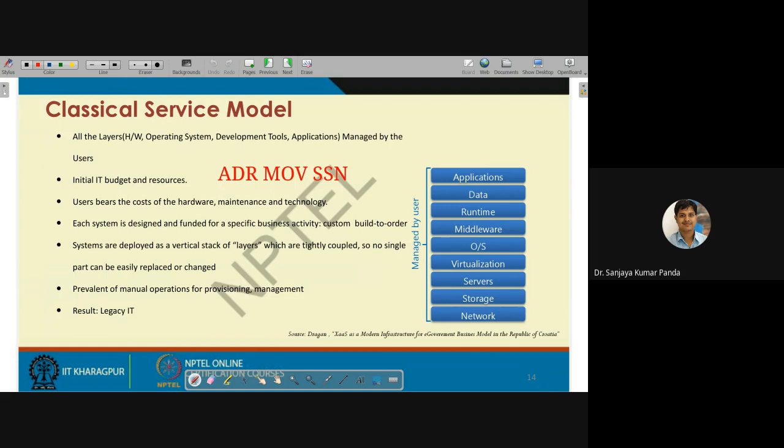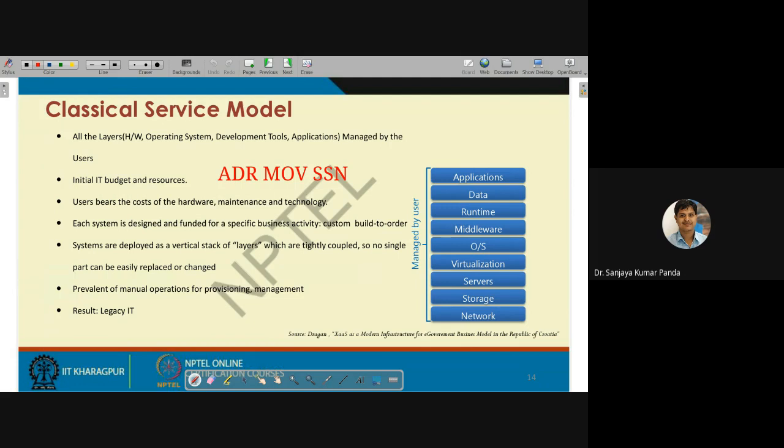So for a classical service model, you have to pay more. Like you have purchased a particular server, workstation, or computer system, you have to initially invest a large amount. So IT budget and resource cost you have to pay initially. And the user also bears any cost related to maintenance, any cost related to technology. Suppose you have an outdated processor and you want to replace it with an updated processor.